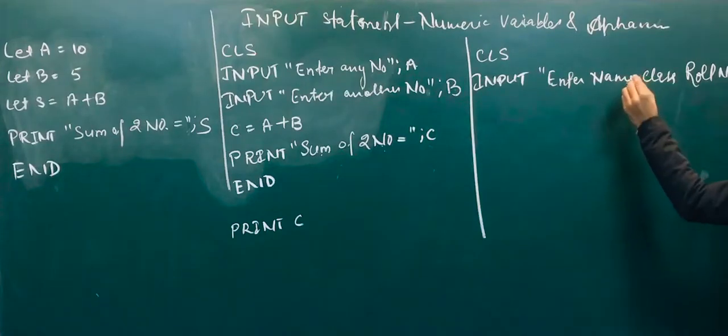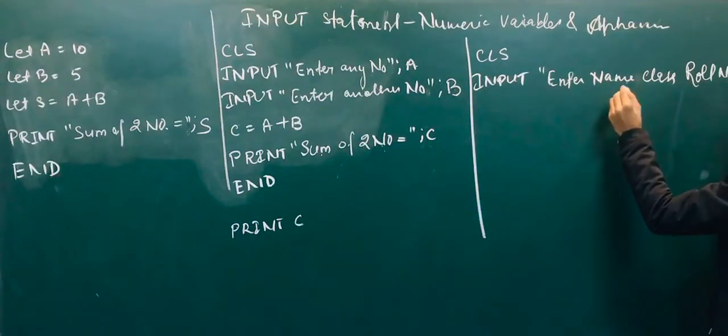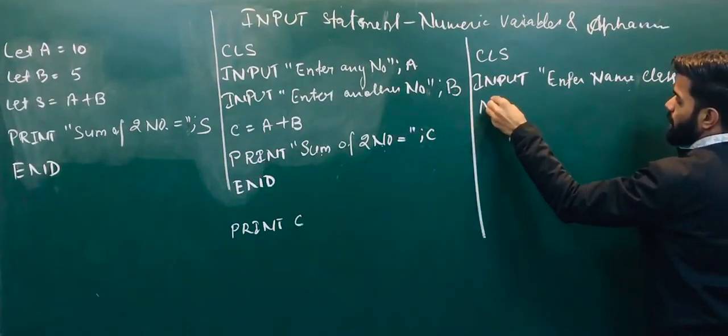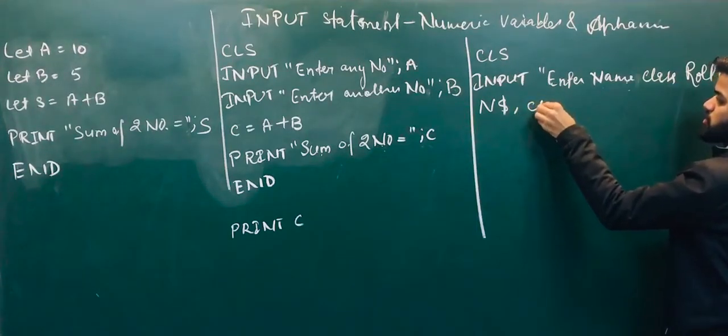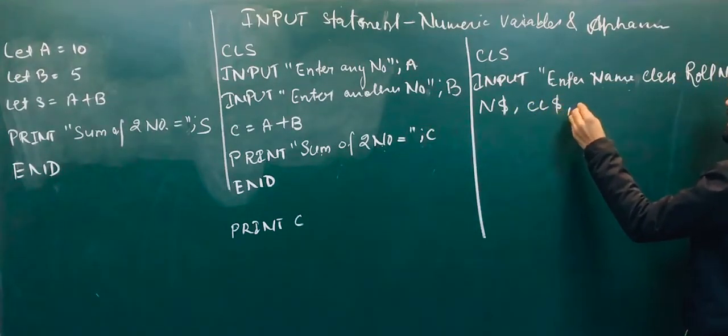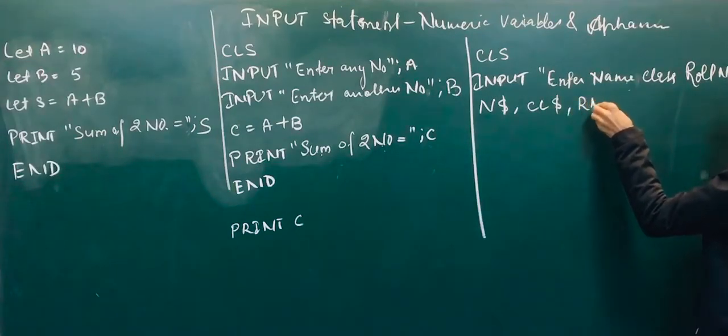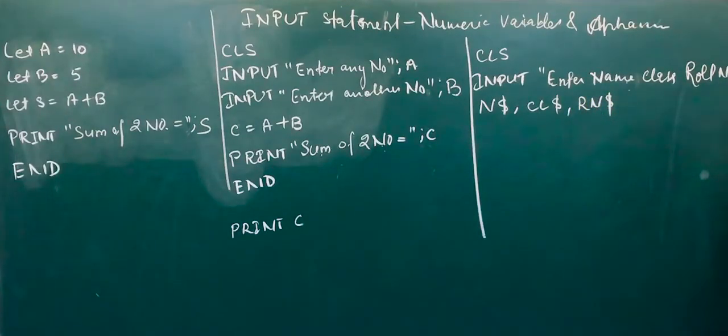Name is a type of alphabetical data, so we write a dollar sign after the name of the variable. After this there is class, so CL dollar, and then roll number, so RN. So three variables are there: name, class, and roll number.